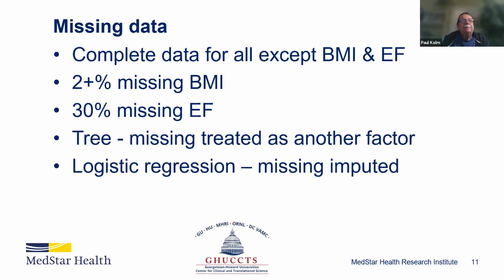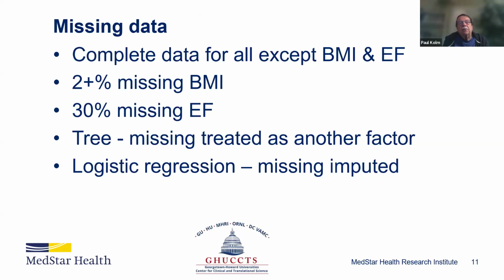So in terms of missing data, there's complete data except for BMI and ejection fraction. The number of missing BMI values is fairly small, only about 2%. However, for ejection fraction, we have a fairly large number of missing values, 30% in this case.